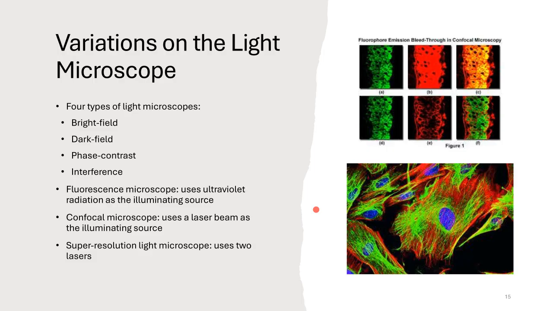There's also an interference microscope. Many people use fluorescence microscopy when we're looking at tissue-specific staining, if you're looking at different cell types altogether. We can use different fluorescent dyes that are attracted to some component of each of those different cell types.